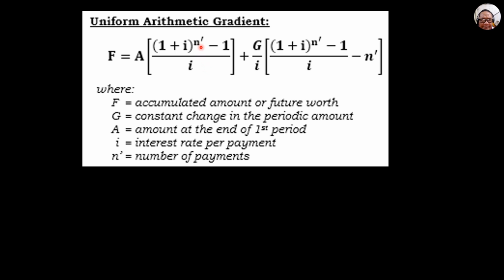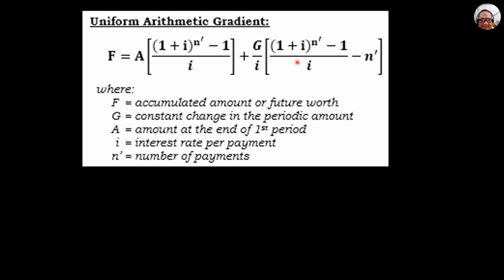And that results to, so don't be confused with n prime here. You may just call it n here. Number of payments, that's the number of payments. So remember, this is the future worth of the uniform payments A, which is the first part, and this is the future worth of P2 by multiplying the formula for P2 by quantity 1 plus I to the n.